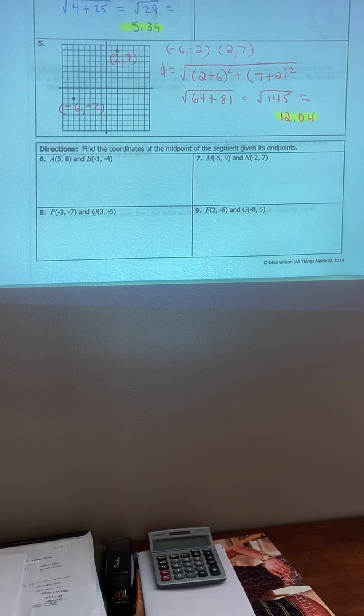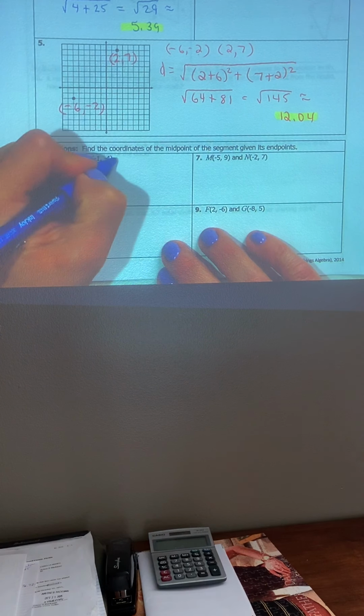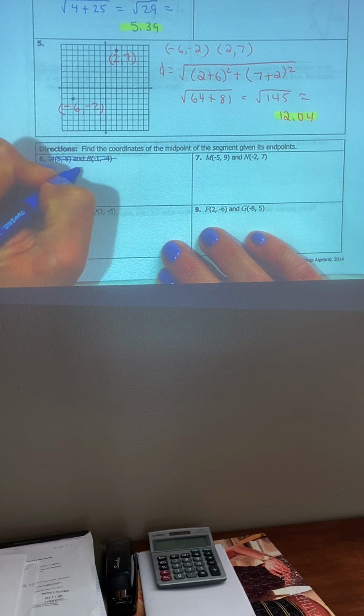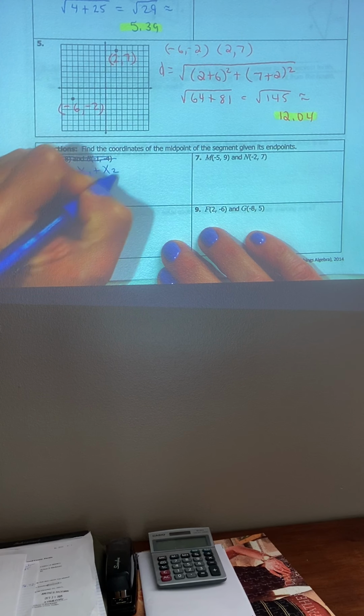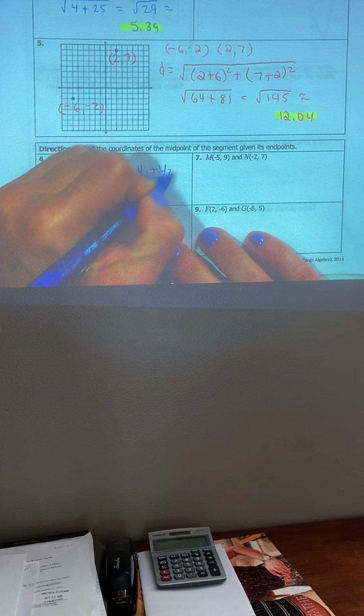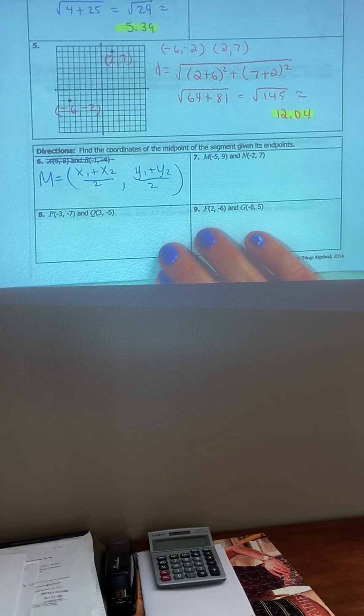All right, we will do the midpoint. I'll put the midpoint formula in here: x1 plus x2 over 2, y1 plus y2 over 2. All right, let's do a couple problems.